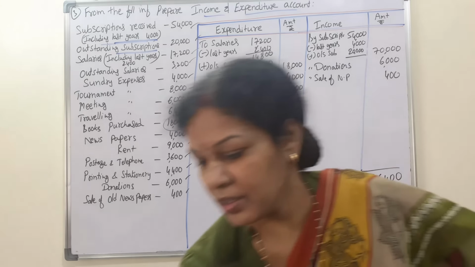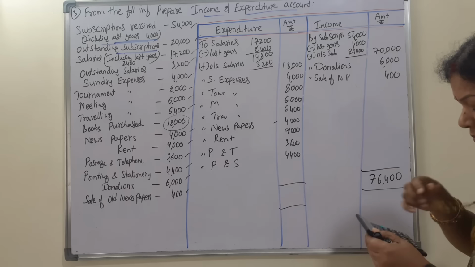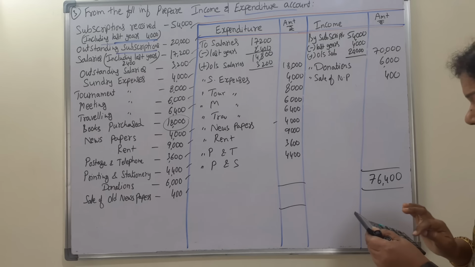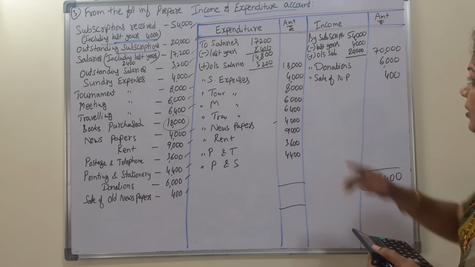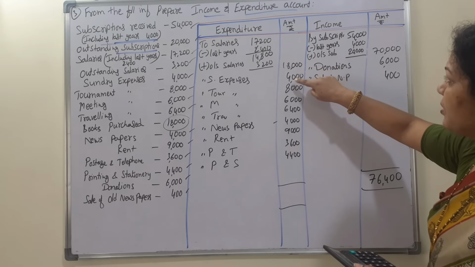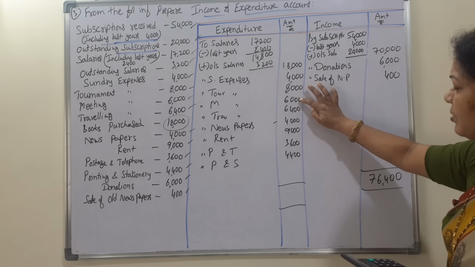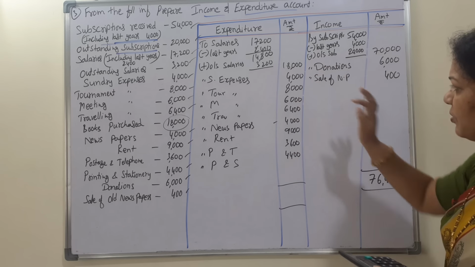Let me use the calculator. 76,400 minus 18 plus 12, it comes to 30,000. 30 plus 6, 36,000. 36, 40, 46,400.